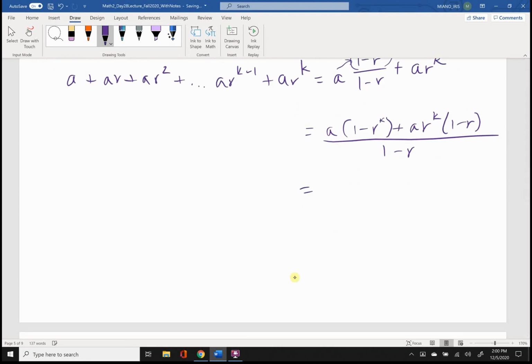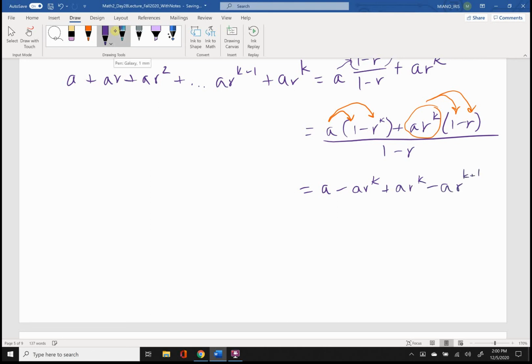Now I'm going to distribute my a's here and my ar to the k's there, and then watch what happens. We have a minus ar to the k plus ar to the k minus ar to the k plus 1, right?